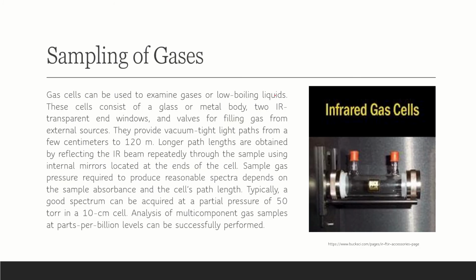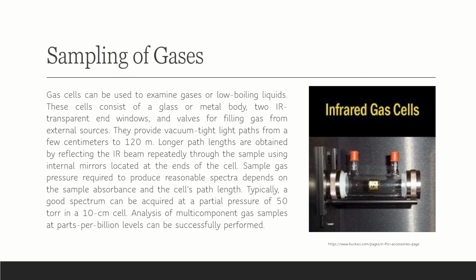Sampling of gases. For gaseous samples or low boiling liquids, special types of IR gas cells are used, in which there are two IR inactive windows on both ends, and these are the knobs to fit in the pressure pipe from which the gaseous sample will enter the cell.